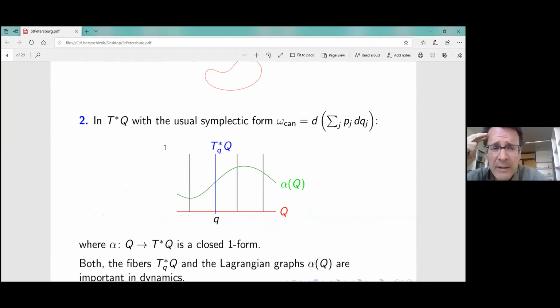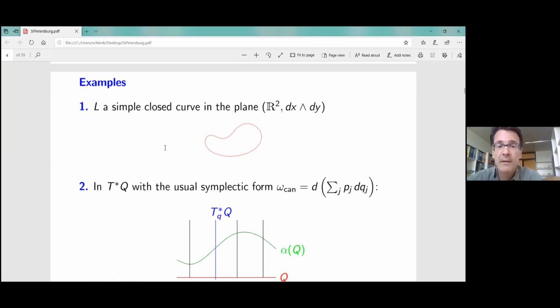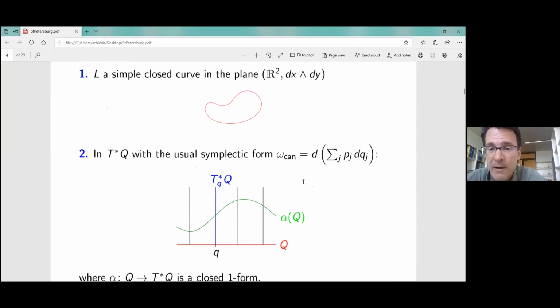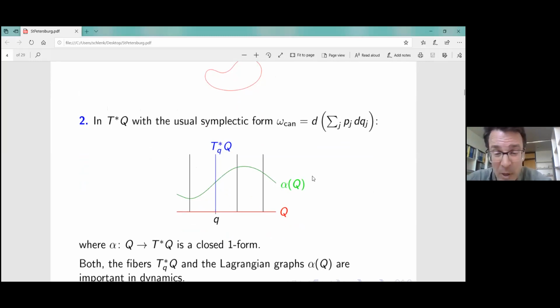When you don't like this T*Q thing, you can just take a coordinate patch in Q and all the fibers over it, and when the coordinate patch is simply connected, this is really the same as R^4 or R^2n in general. So this is the same example as before. When you take R^2 and take it n times in product, you get really the same as here.